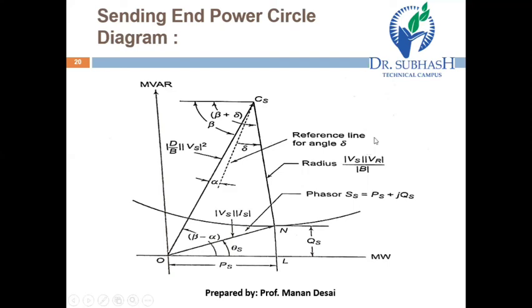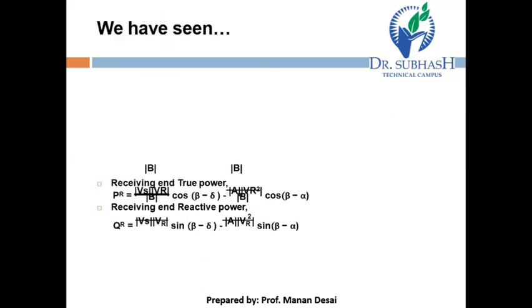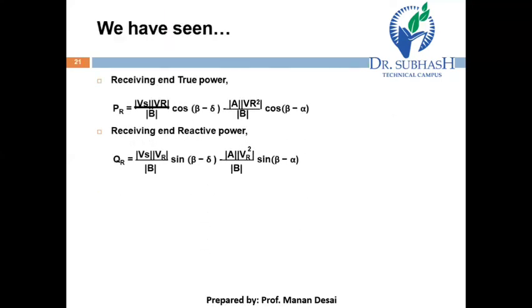So students, this is our sending end power circle diagram, and I hope you are all clear about ABCD parameters and power flow in transmission lines, the receiving end power circle diagram and the sending end power circle diagram.